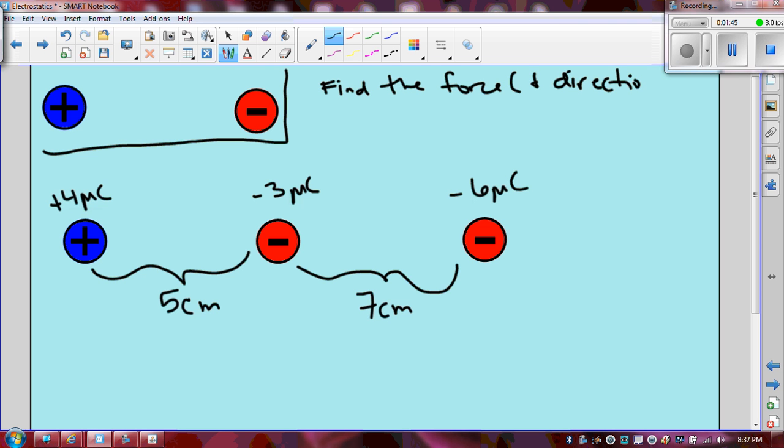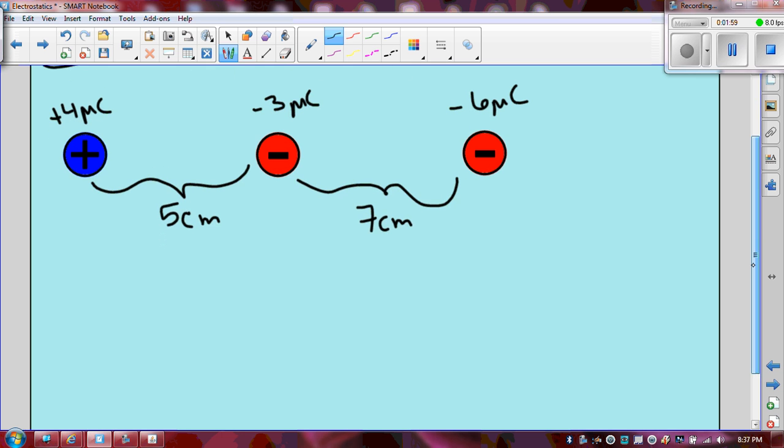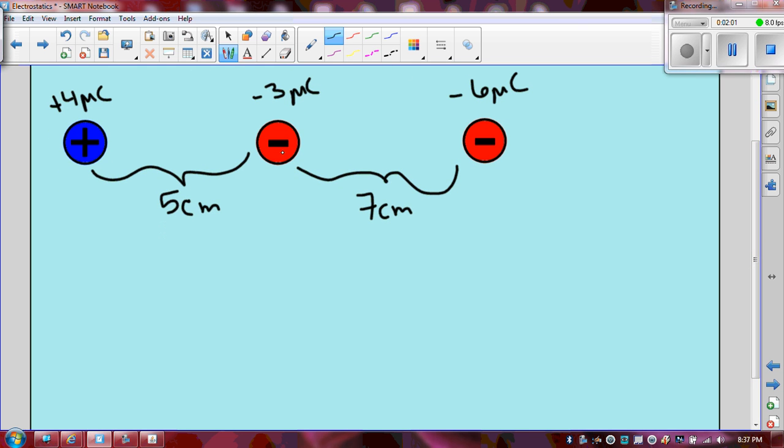Find the force and direction on, and then it'll choose a random charge. I'm going to say on Q2. So that's the one right here in the center. This one's Q1, this one's Q2, and this is Q3. So I need to find the force acting on this charge, and then what is the overall direction.